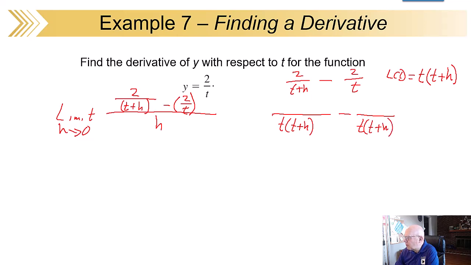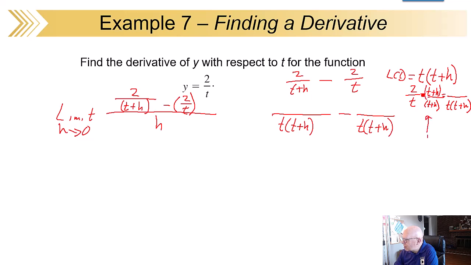That should sound familiar. Now, let's take this one right here, the 2 over t. How can I rewrite that so it has t plus h in the denominator? Well, if you take a look at this, what's missing in the denominator? I don't have a t plus h. So if I multiply the denominator by t plus h, I get the common denominator. Well, that's going to mess things up unless I also multiply by t plus h on the top.